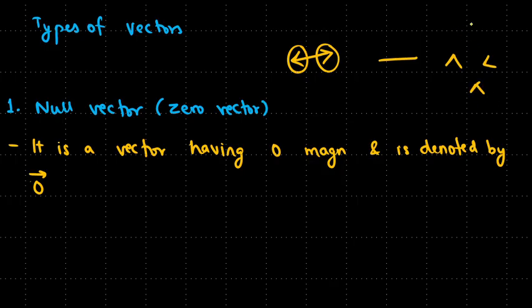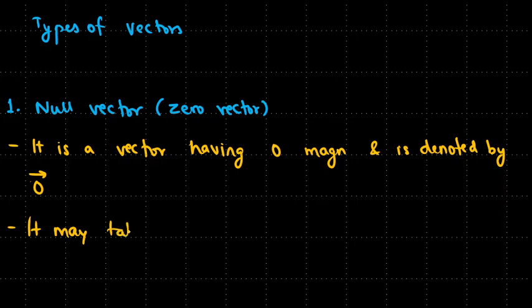So the direction of the arrow can be in any direction. That's why we say that a null vector has an arbitrary direction, it may take any arbitrary direction.